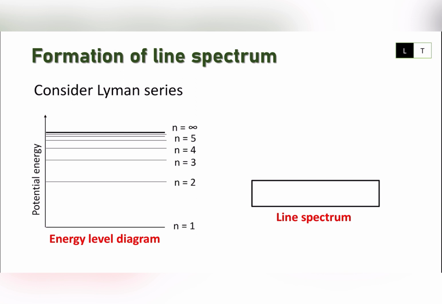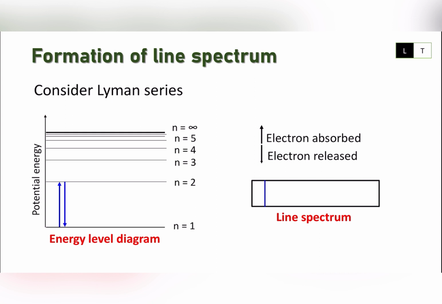So you can see from here, you have the first transition where your atom absorbs energy. It will excite to a higher energy level, from n equals 1 to n equals 2. However, at this point, the electron will not remain stable. It will fall back to the lower energy state and emit a photon.